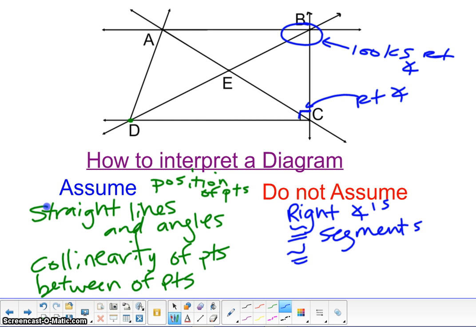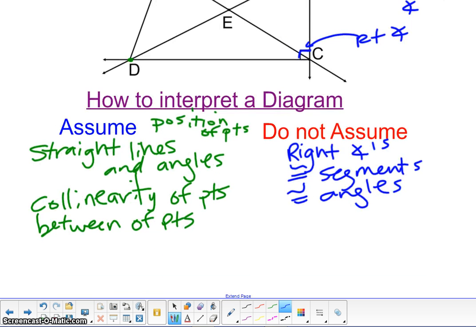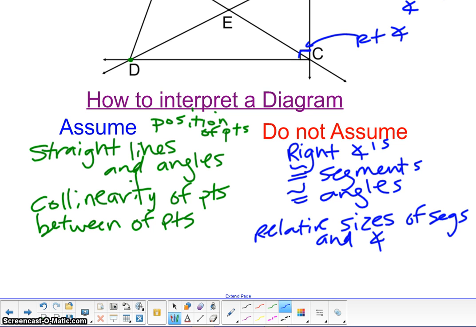You cannot assume that 2 angles are congruent unless it's given in the directions or you have some kind of marking on it. You cannot assume relative sizes of segments and angles.